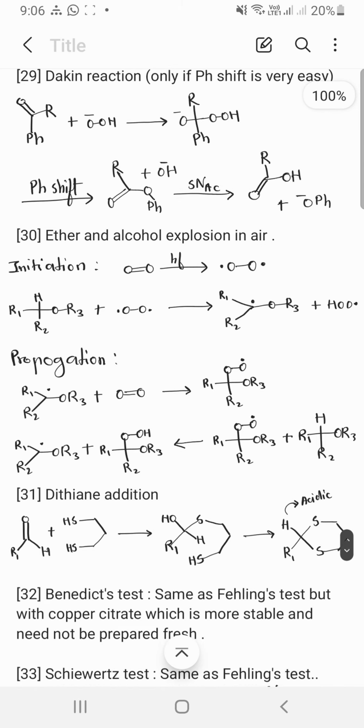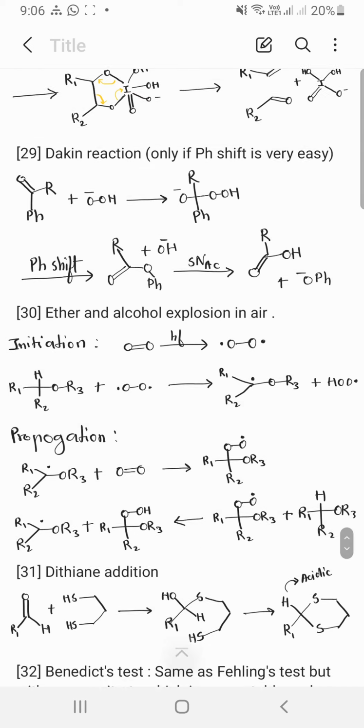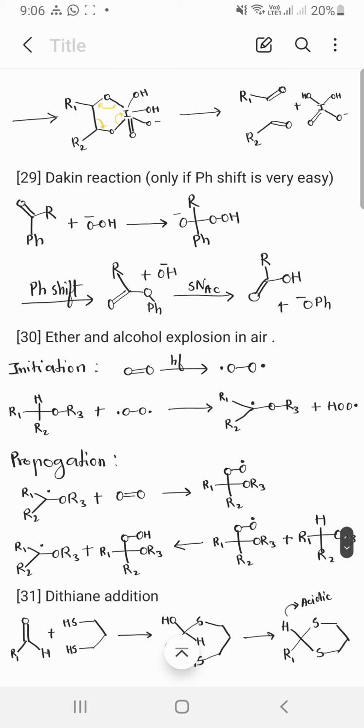Dakin reaction. Yeah. So this is only phenyl shift, it is very easy. So you should actually look up the actual mechanism for phenyl shift, because it's not exactly like a hydride shift or alkyl shift over there.